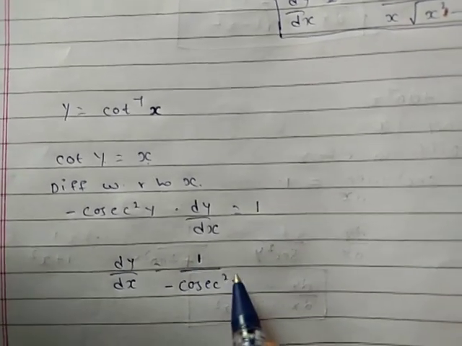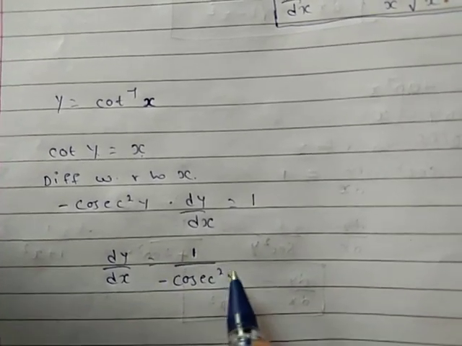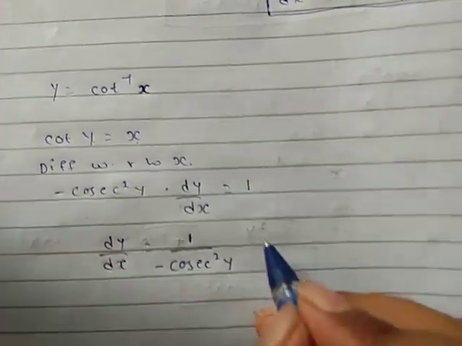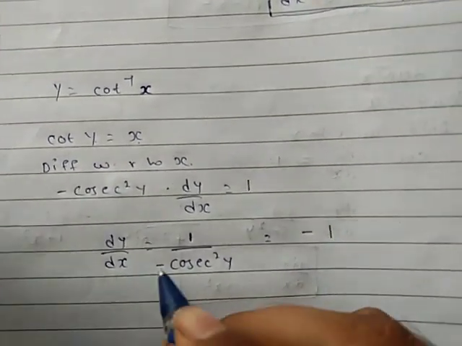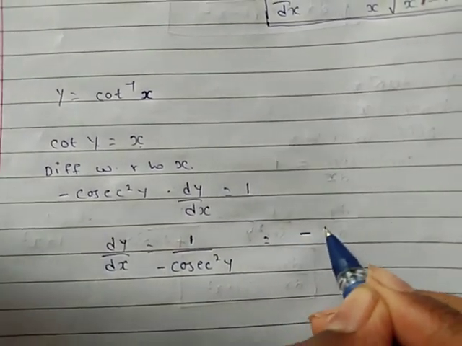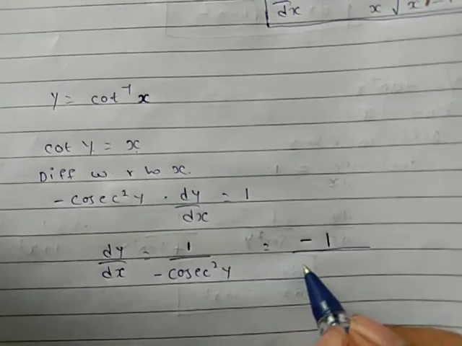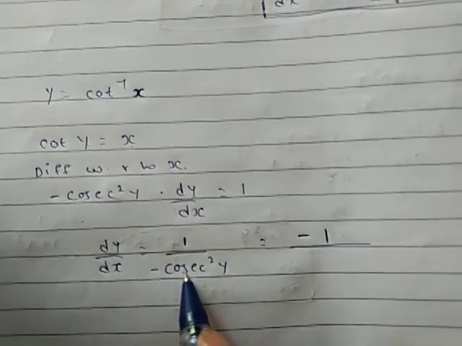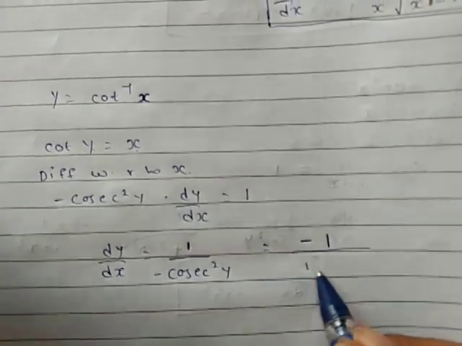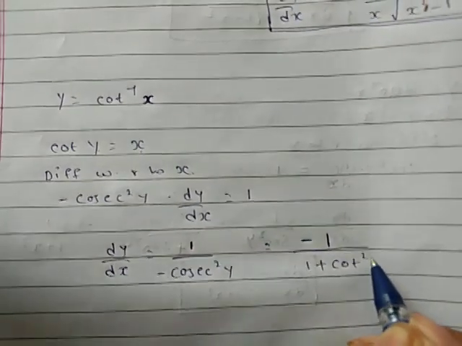Since we need to express cosecant square y in the form of cot, we need to apply a trigonometric identity here. So minus 1 divided by, what is the identity for cosecant square y? It is 1 plus cot square y.